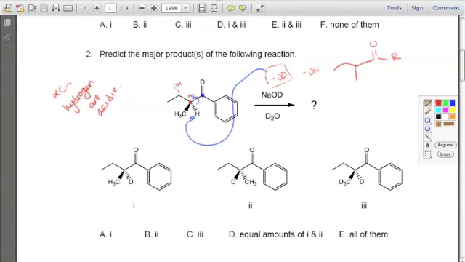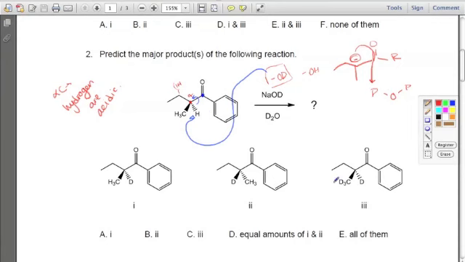I'm just abbreviating the benzene ring as R. Forgot my minus sign. And what this is going to do is it's going to attack, and you're just going to put a D deuterium in place of the H.